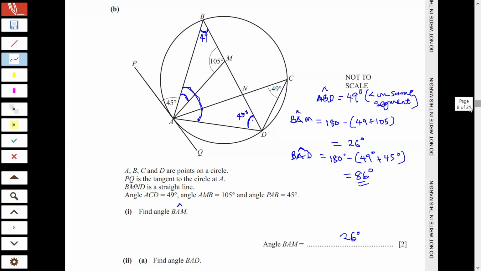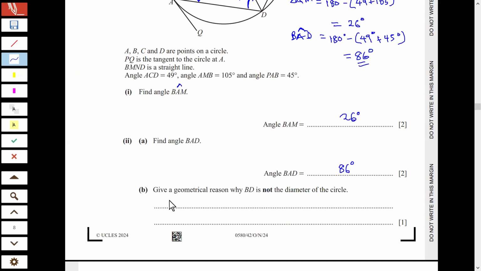And the reason is because angle BAD is not 90 degrees.